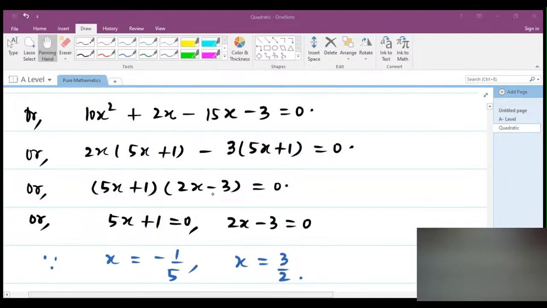This question's problem solution will be useful to the A level for IGCSE. So here, exercise 1 to A, question number A, x minus 6 by x minus 5 equal to 0.